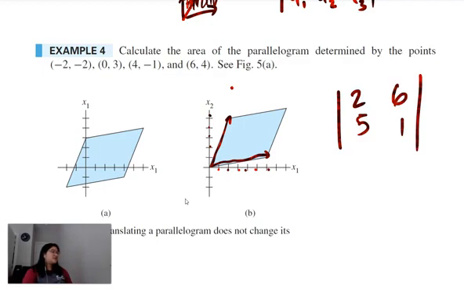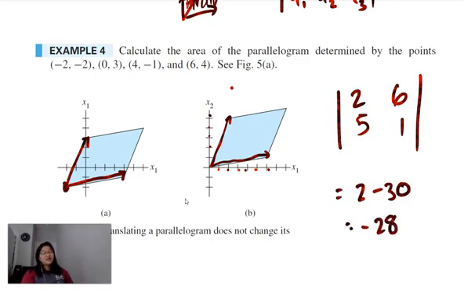So from negative 2, 2 to 0, 3, yeah, that's 2, 5, and from negative 2, 2 to 4, negative 1, that's 6, 1. Alright, cool. So the area of this parallelogram is going to be, what, 2 minus 30, which is negative 28.